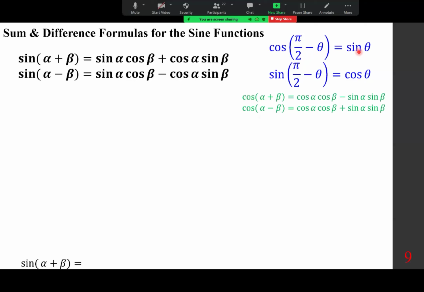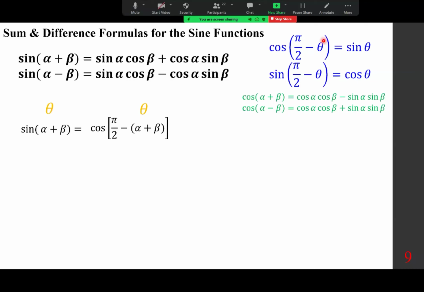So sine of alpha plus beta, if you assume this is theta, everybody, then it becomes cosine of pi over 2 minus theta. So one more time. Sine of alpha plus beta. Assume alpha plus beta is theta.